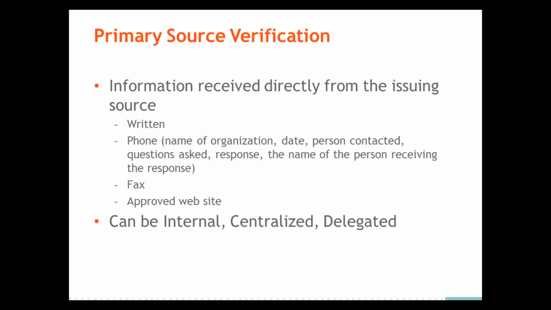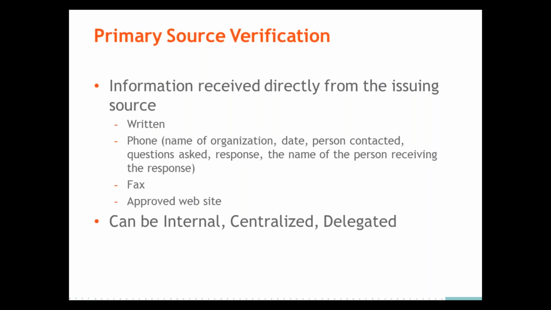You can use websites. Any of those are acceptable ways of doing primary source verification. And we want to do that because we don't want it to come from someone else. We want to ask the source that gave that credential if it's a valid credential.